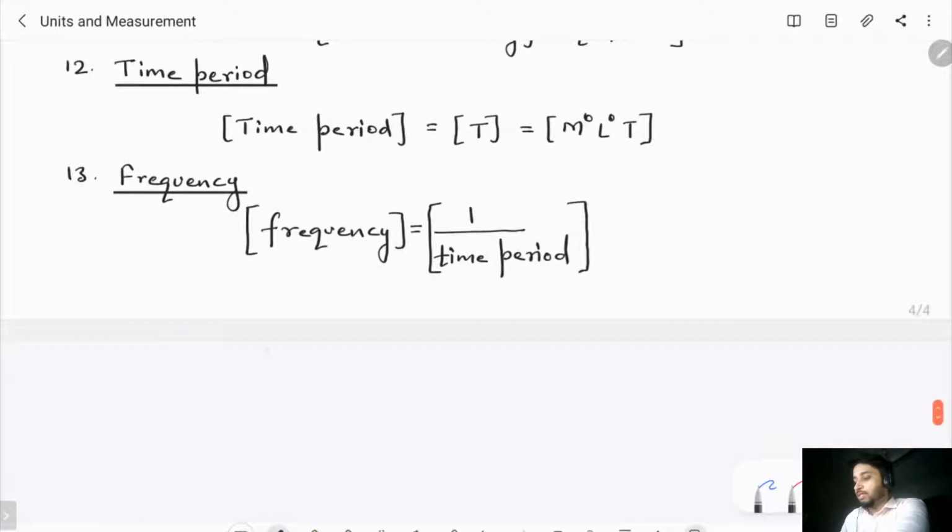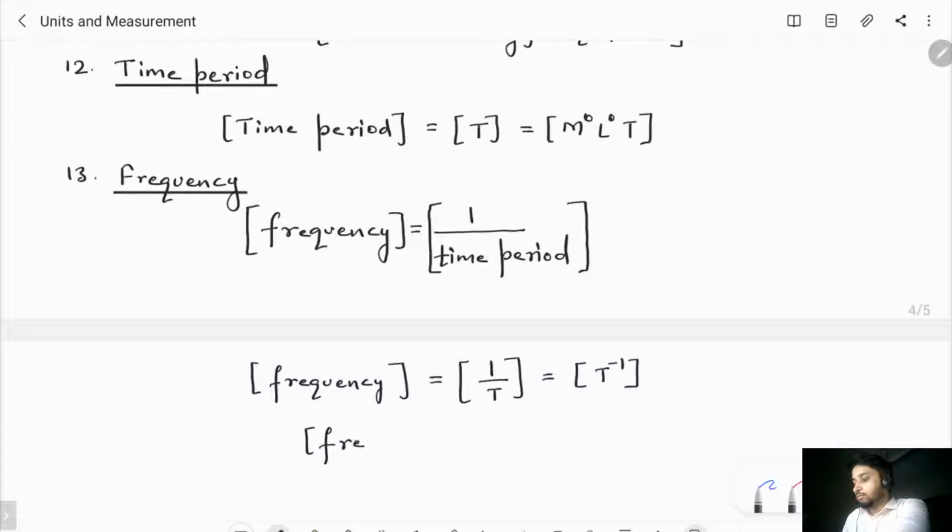So 1 by time period is nothing but 1 by time itself. So it becomes 1 by t, or we can write it as t inverse. So in standard form the dimensional formula for frequency becomes m to the power 0 L to the power 0 t to the power minus 1.